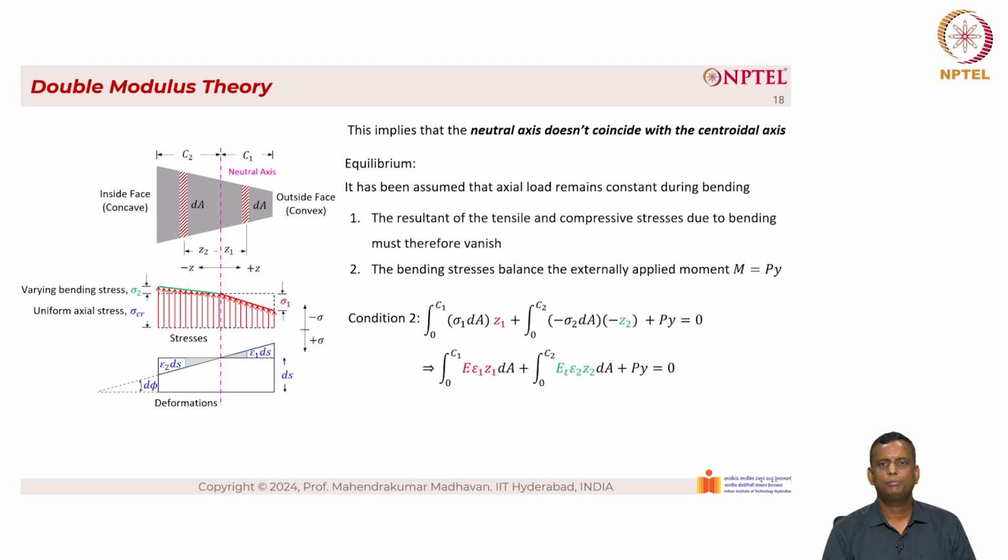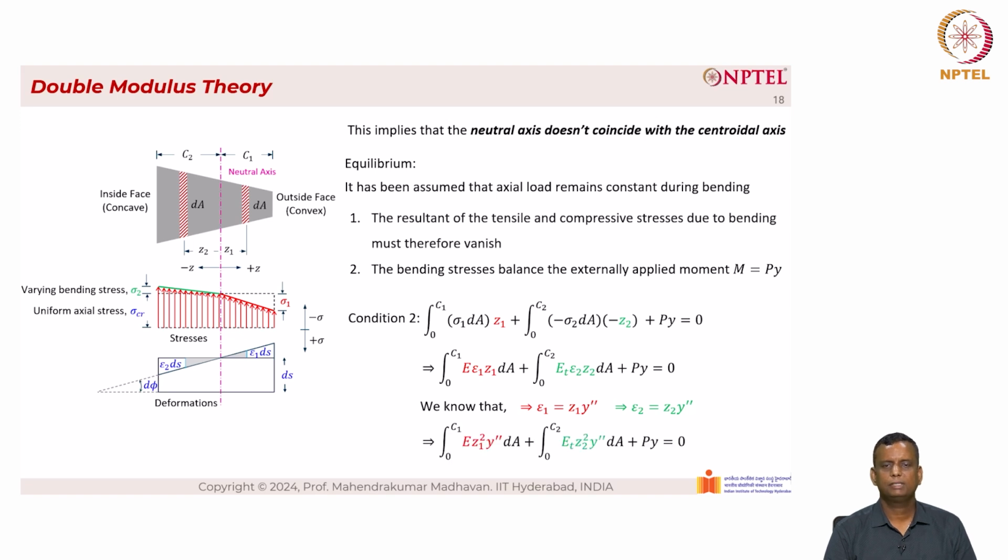This can be further simplified by substituting the values of sigma 1 and sigma 2. So, we have integral of 0 to c1 E into epsilon 1 z1 into dA plus integral of 0 to c2 E sub t epsilon 2 z2 into dA plus the externally applied moment Py is equal to 0. We know that again epsilon 1 equal to z1 into y double dash and epsilon 2 equal to z2 into y double dash.